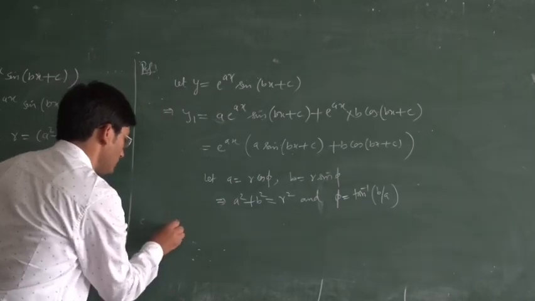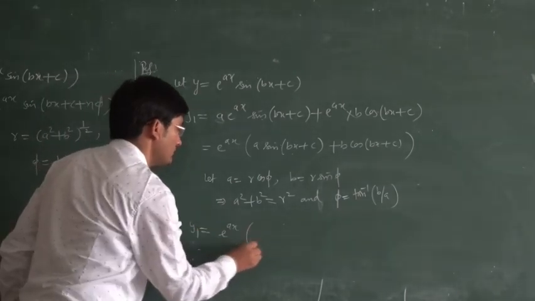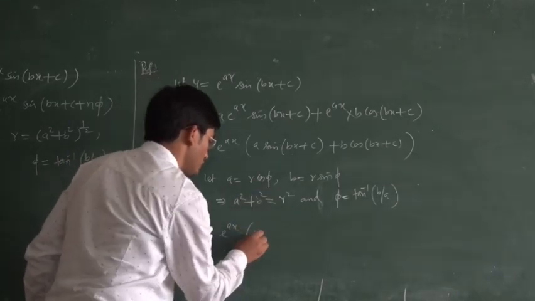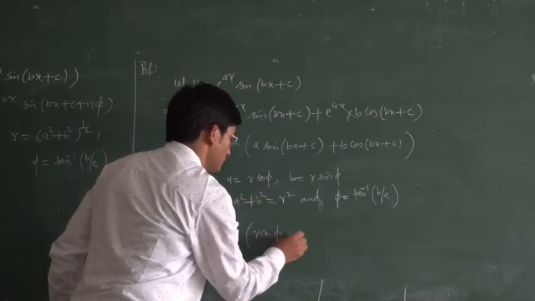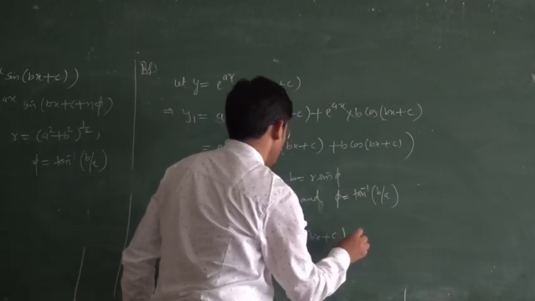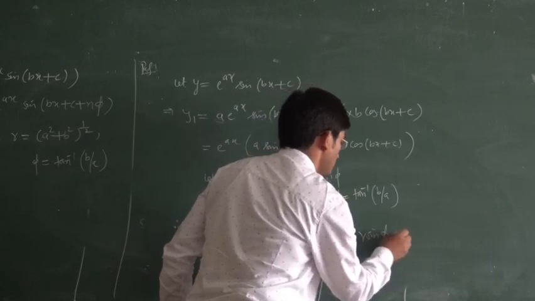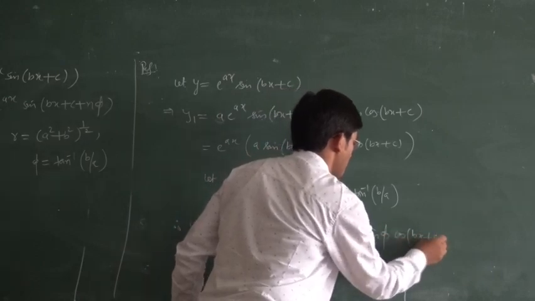So therefore your y1 will be e to power ax into, now your a is r cos phi, into sin bx plus c, plus b is r sin phi into cos bx plus c.